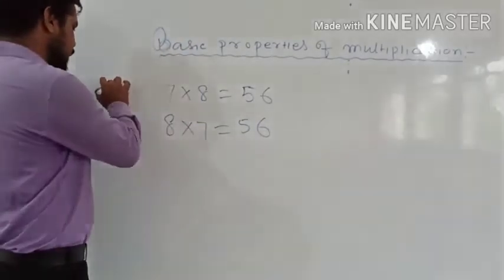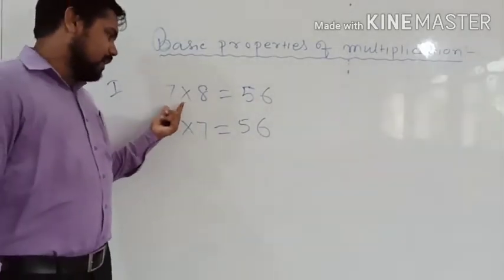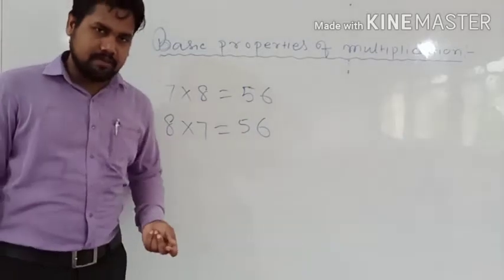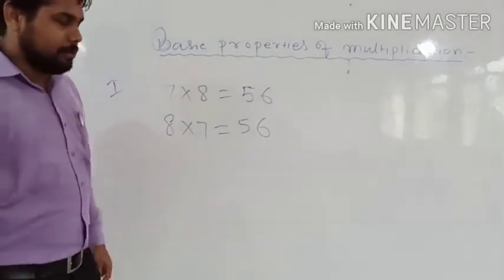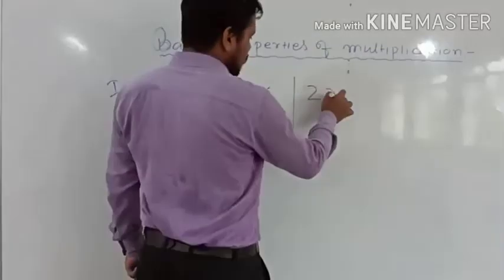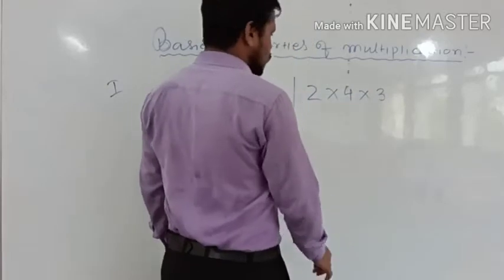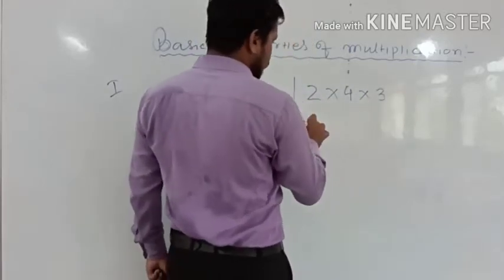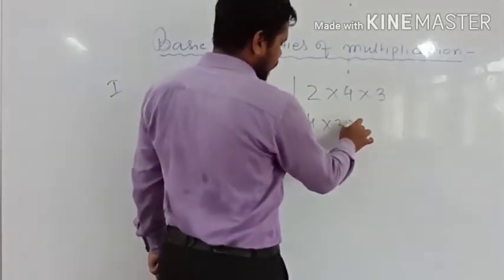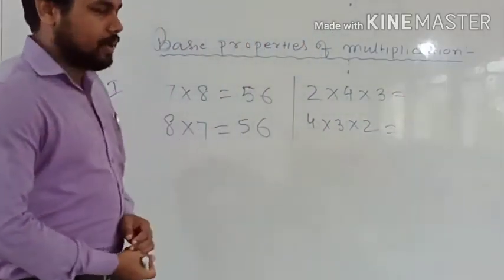So this is a very simple property. First property is saying कि the order of the number doesn't matter. You can multiply by any order, the product will be same. So like this only, if you are multiplying 2 multiply 4 multiply 3, it will be same as 4 multiply 3 multiply 2. So ये order matter नहीं करता है, but answer will be same.